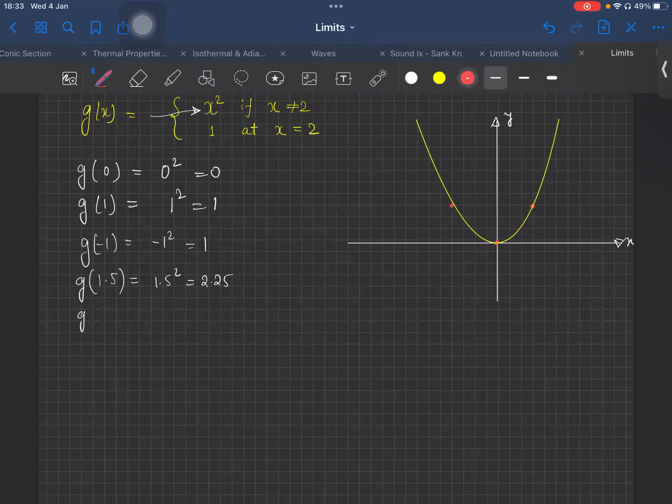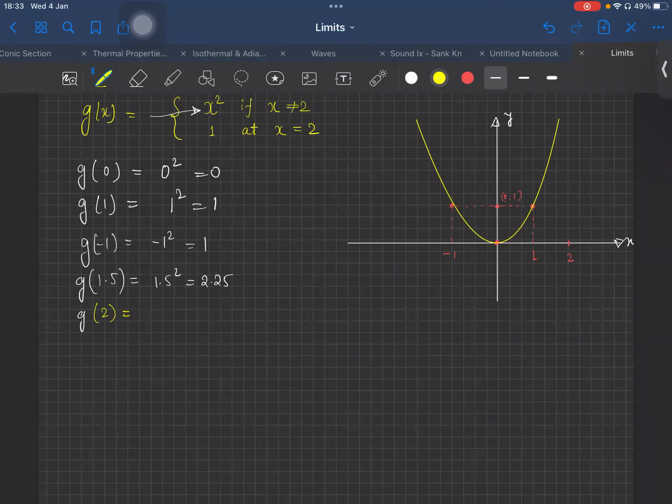So at x is equal to -1, the value of y is 1, right? So this line is y is equal to 1. Now at x is equal to 2, we don't know the value from the above equation.